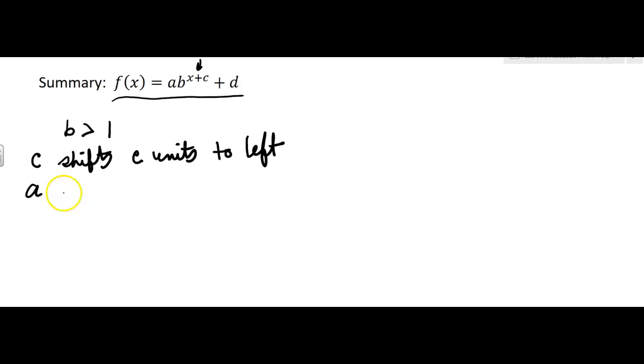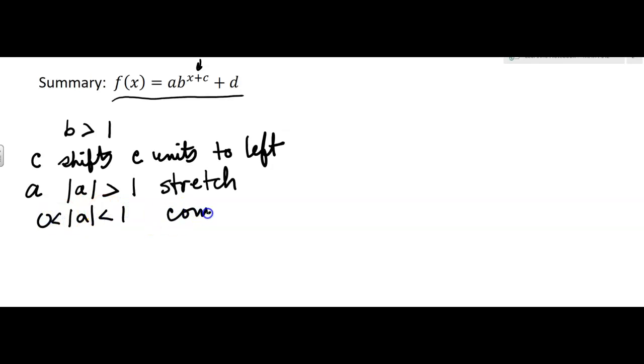Okay, so then they talk about a being a stretch or compression. If the absolute value of a is greater than 1, it's going to be a stretch. And if the absolute value of a is between 0 and 1, then it's going to be a compression.